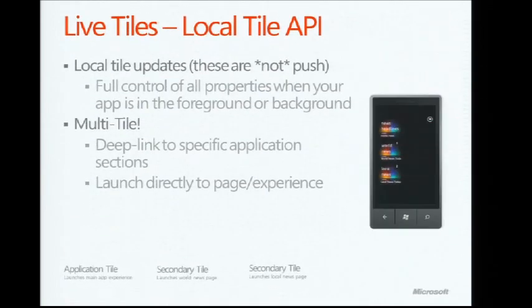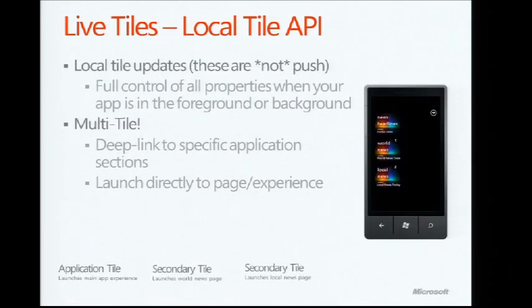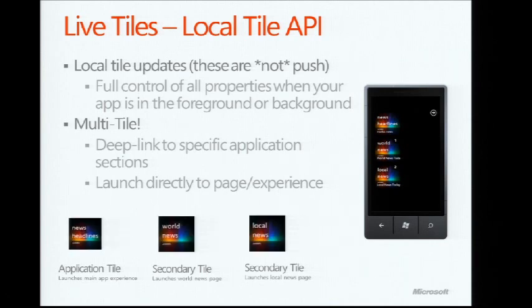One of the things you can do is allow different parts of your application to have direct shortcuts directly from the start screen. So for instance, in this example, we have a news application where maybe the primary tile looks like MSNBC News. If I click on that, it would just take me to the home screen.